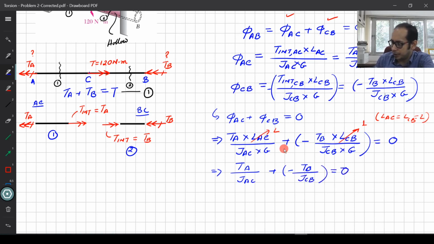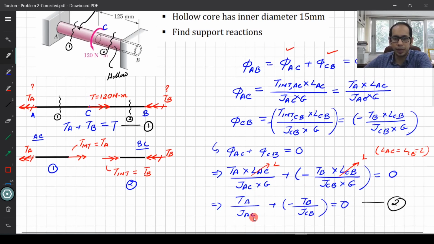Now this is one more relationship that you got over here. So this is your relationship number 2, and you have relationship 1 over here. Now you need to calculate JAC and JCB, because JAC, remember, is a solid core and JCB is a hollow core.